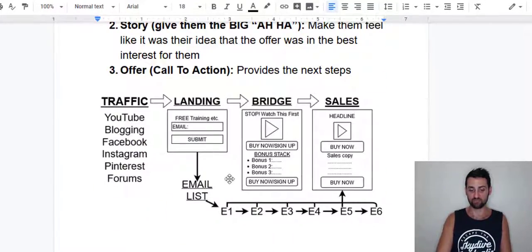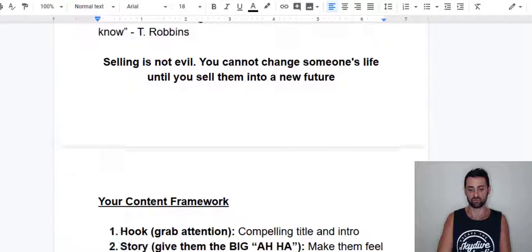Then you could have the best sales funnel set up, but if you're not doing this right, it's not going to work. And vice versa. If you're doing this right but you have an average sort of funnel set up, you'll still make sales if you're doing all of this right that I've just run you through.